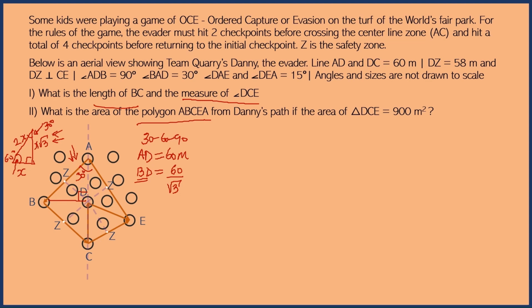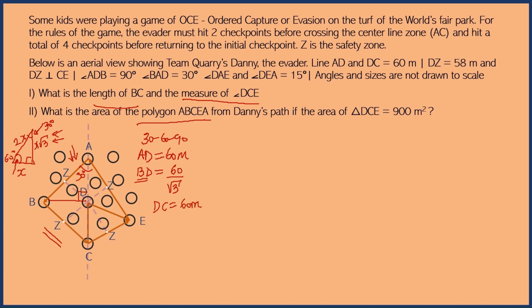All right, so now that we have found that, let us find what BC is. We can find BC by applying Pythagoras' theorem. So we know that DC is also equal to 60 meters.